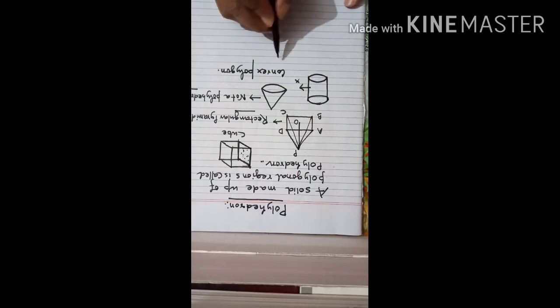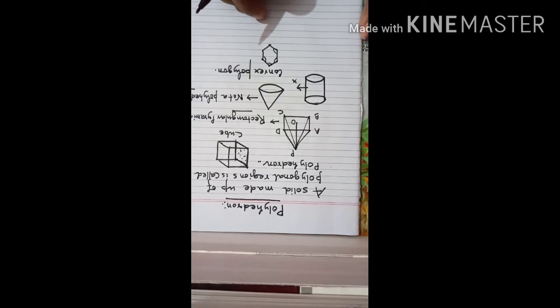If you draw the figure, look at here. Suppose a hexagon, all of you know this is a hexagon. Any angle you consider is always less than 180 degrees. The interior angle is less than 180 degrees.